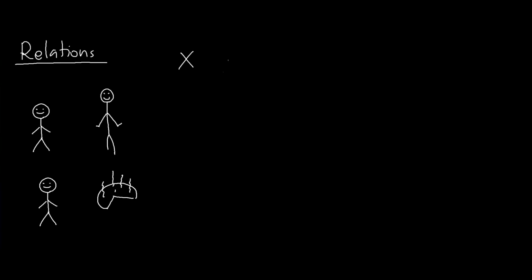Then we have a second set, the set of those things that get related to, and then the relation runs across these two sets. It is customary to denote it in a similar way as functions. We write an arrow and we label that arrow with R, where R is the relation itself. And mathematically, we can think of this as a subset of the Cartesian product of X and Y. So this would be the set of all related pairs.